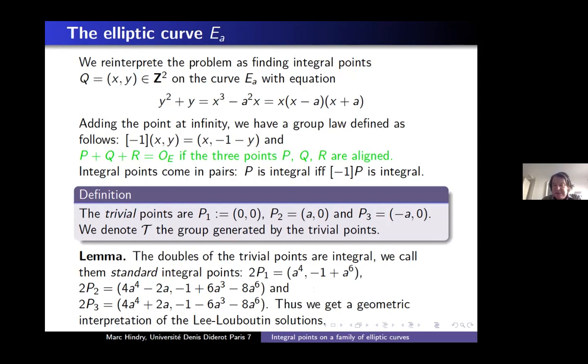What is new is a geometric interpretation that I find quite nice. I mean, from the point of view of elliptic curves, you find naturally those solutions. And again, I really don't know how they found them, if it was by computer search or some other trick.